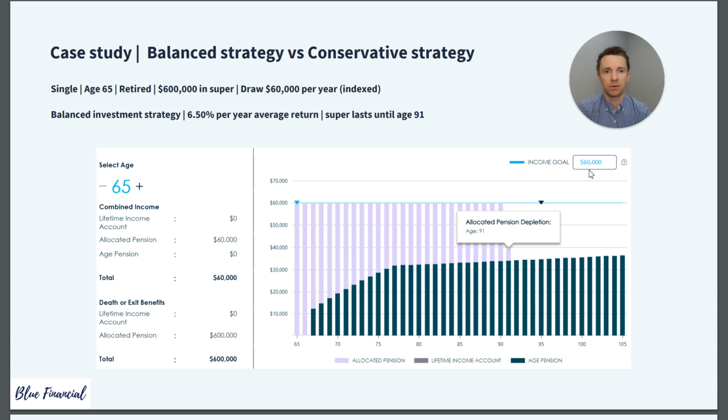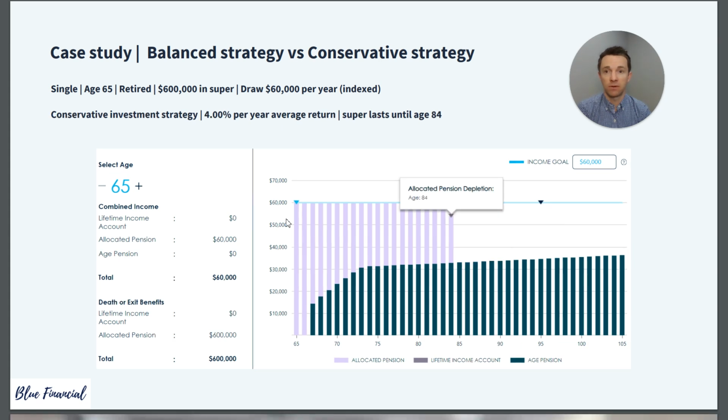In this scenario, where they're drawing out $60,000 from their $600,000 in super, the money lasts until age 91. Now this includes age pension, so they're getting both money from their super, which is the purple line, and age pension. And the money runs out at 91. That's a good outcome. Now the second case study, the only thing that we've changed is the return.